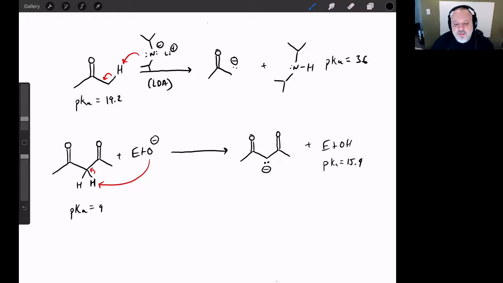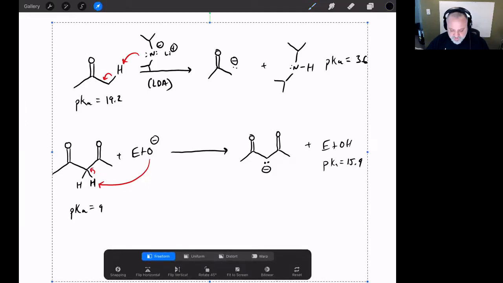And ethanol is a much weaker acid than the diketone. And so in this case, under these circumstances, I can irreversibly form enolates using sodium hydroxide. Or excuse me, sodium hydroxide or sodium ethoxide.